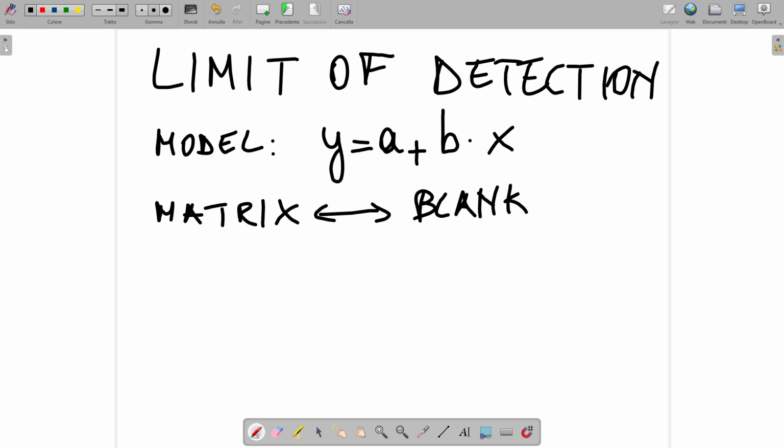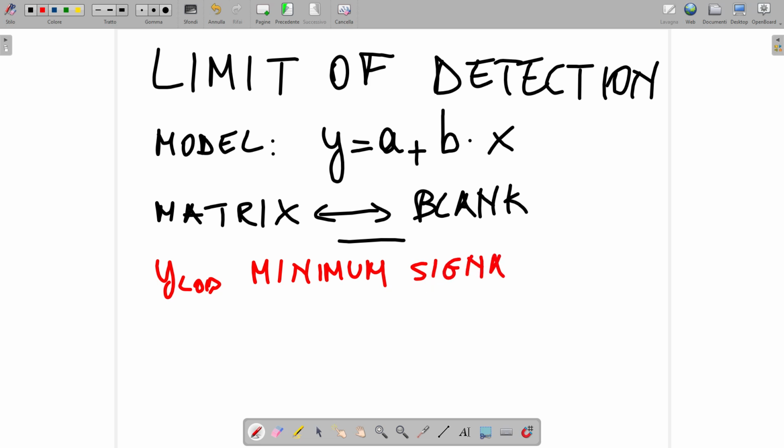Let us try to write some symbols. So, I define YLOD, limit of detection, LOD, minimum signal, significantly different from the signal of the blank.